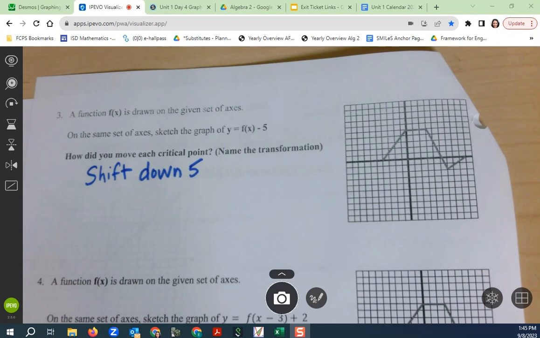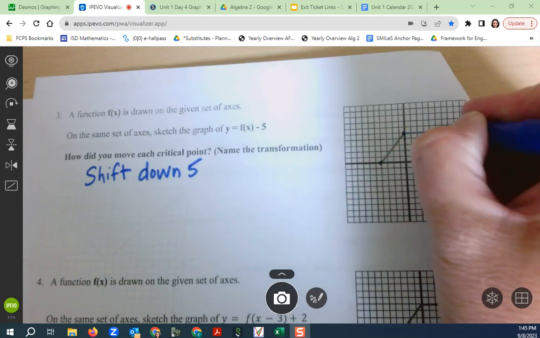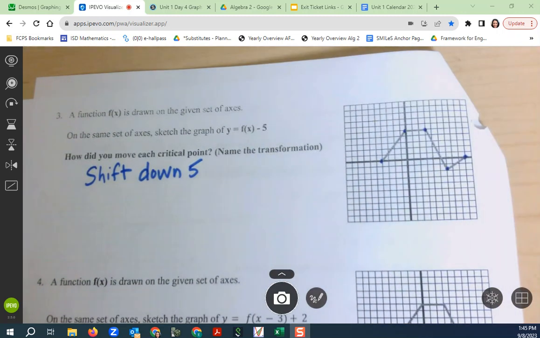Now, it is impossible to shift every single point because there's an infinite number of points on there, but we're going to shift the corner points and then just connect the dots. So notice the corner points. Here's one. Here's one. We call these corner points critical points. Okay? You see all my corner points?